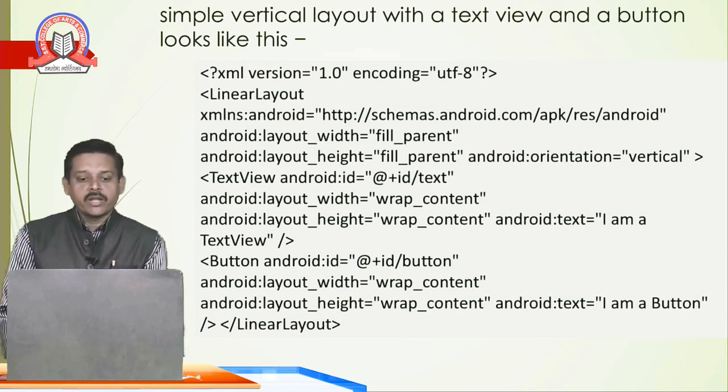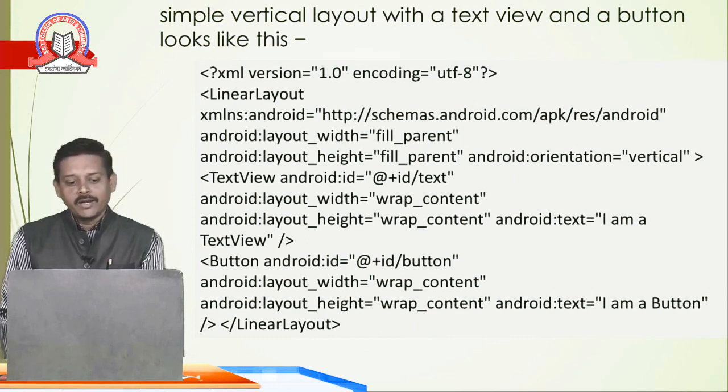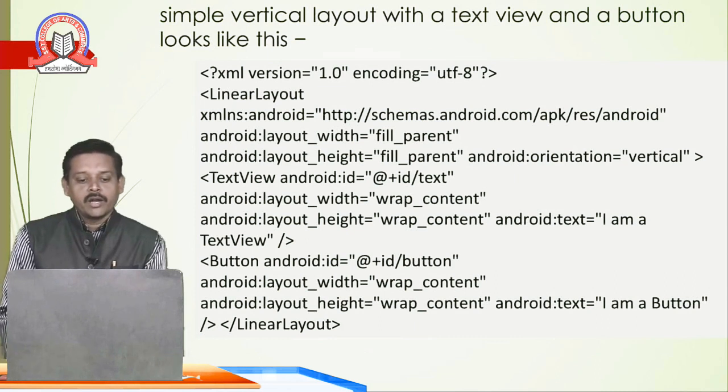So here we have the text view, which contains android:id, android:layout_width, android:layout_height, and android:text. Whatever we write in that text will be displayed in the text box on our application. So here we have written "I am a text view". That will be displayed in our text box when we run the app.